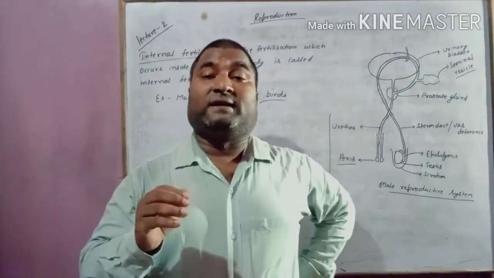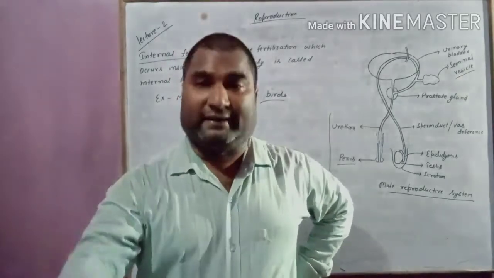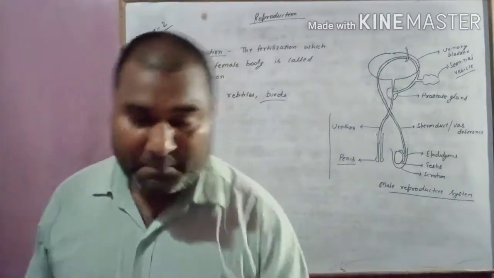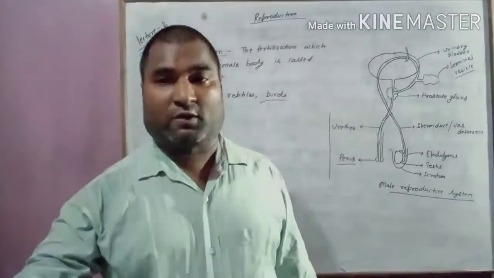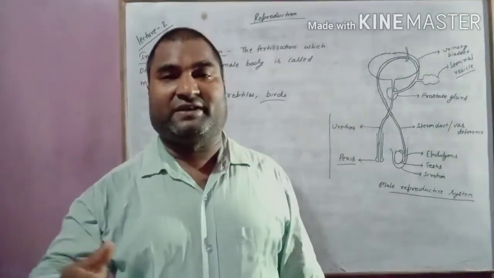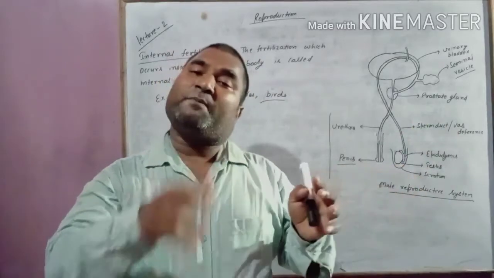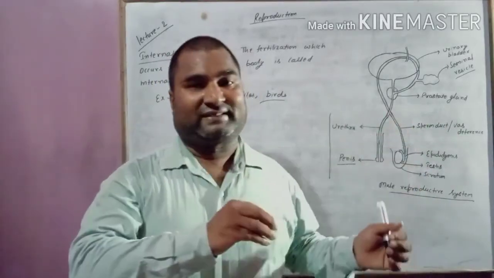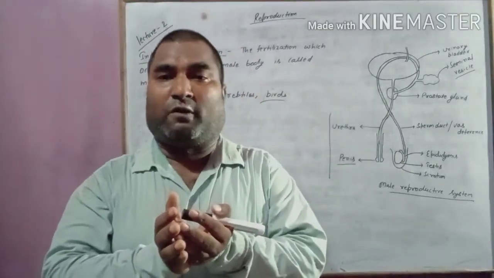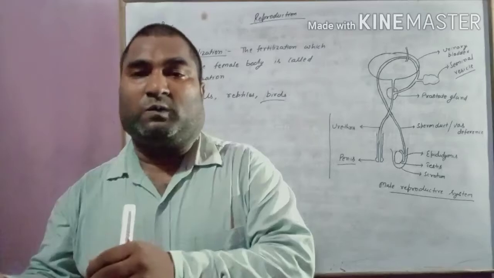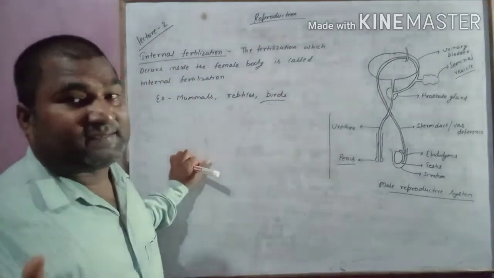Whether the organism gives rise to young ones or lays eggs. In some, fertilization takes place inside and development of the body also takes place inside, and after the completion of development the baby comes out.